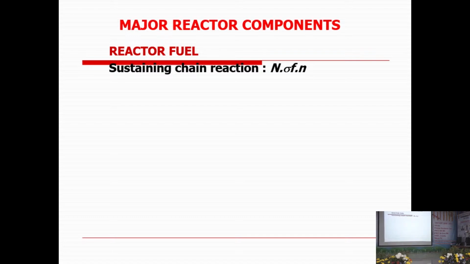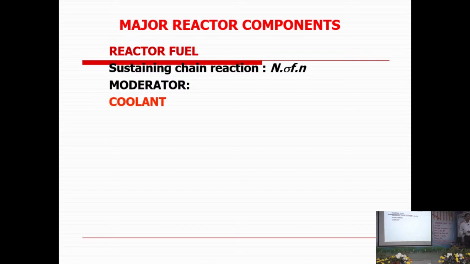Then we require the moderator, because the fission neutrons are released at higher energy and we have to thermalize them. For this purpose we use a moderator, which slows down the energy of the neutrons. Whatever kinetic energy there is, we convert into thermal energy. Finally our aim is to produce power, which means we have to generate steam to run the turbine.